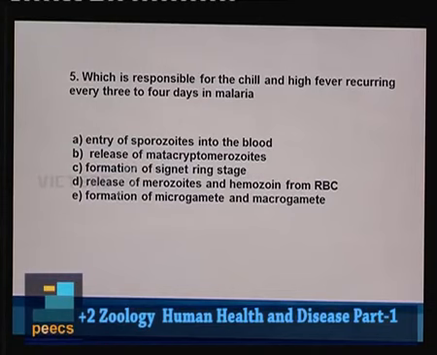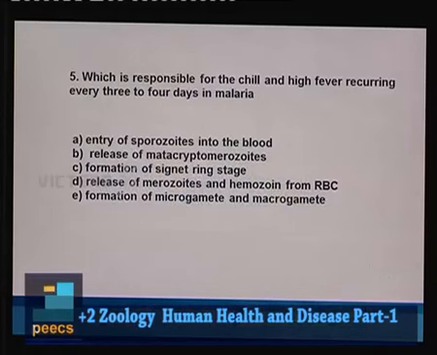Entry of sporozoites into blood, we can say that is the infection, that is at the time of infection. Release of metacryptomerozoites will happen when the cryptomerozoites again enter the liver cell and perform schizogony again.